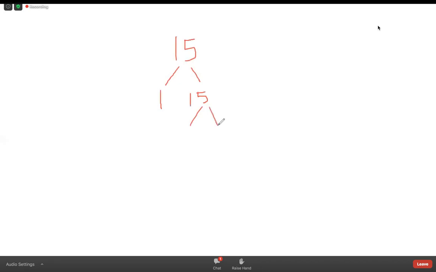Good. And now what? Wouldn't those both be prime numbers? Good, yeah. So these are the prime numbers. So the prime factorization of 15 is 3 times 5. Good, so that's it.